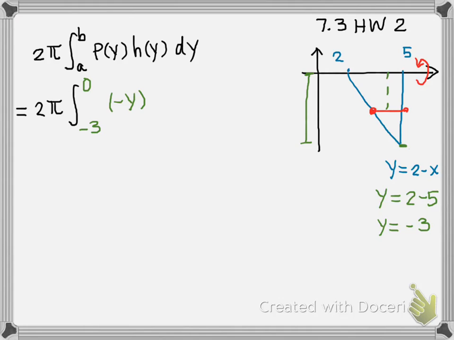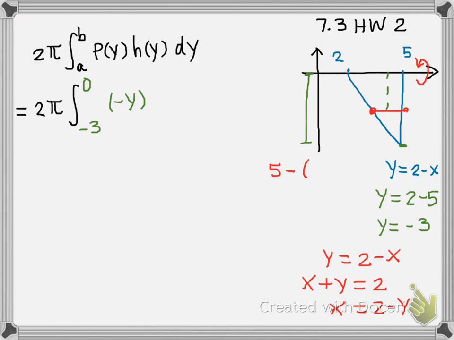And we will have the bigger number 5, subtract the smaller number, which is an expression of y. So we have to solve for x from the line y equals 2 minus x. We add x to both sides. We get x plus y equals 2. We subtract y from both sides, so we get x equals 2 minus y.